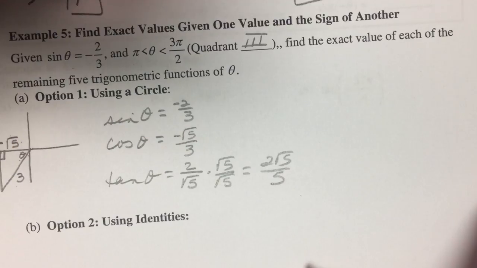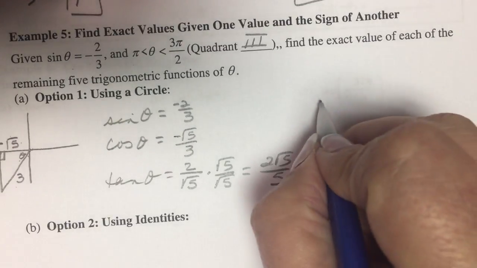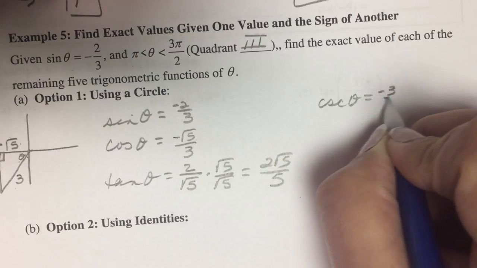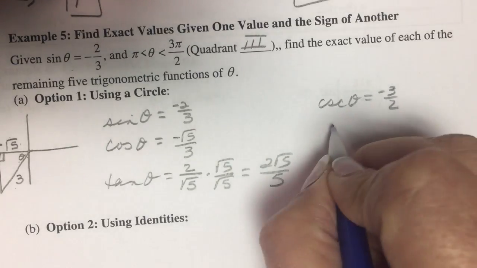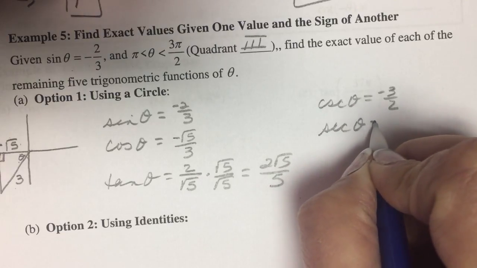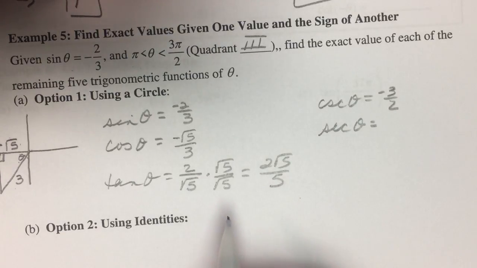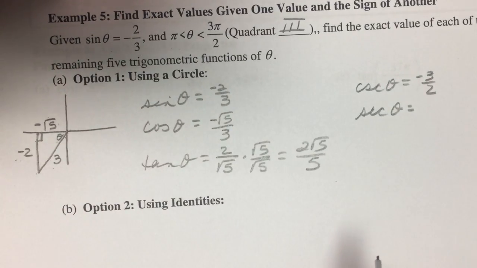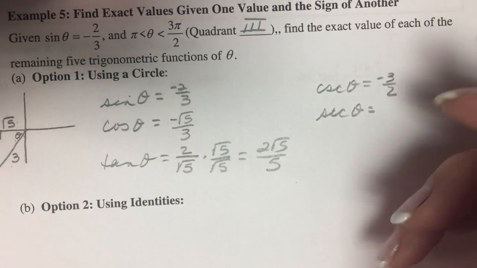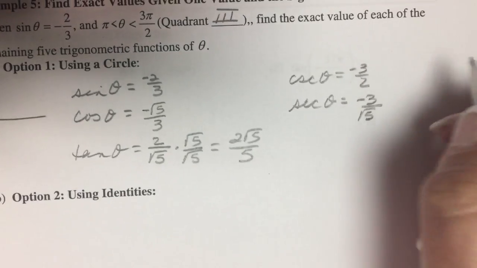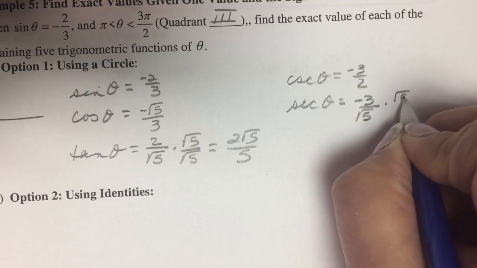Now to find the other ones, those are just the reciprocals. So cosecant of theta would be the reciprocal of sine, so that's negative 3 over 2. Secant of theta would be, well, remember secant is 1 over the cosine, so that's negative 3 over root 5, but get the radical out of the basement.